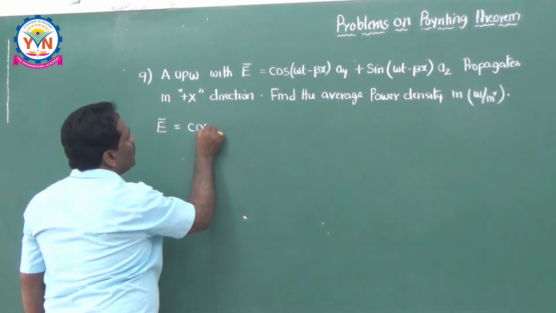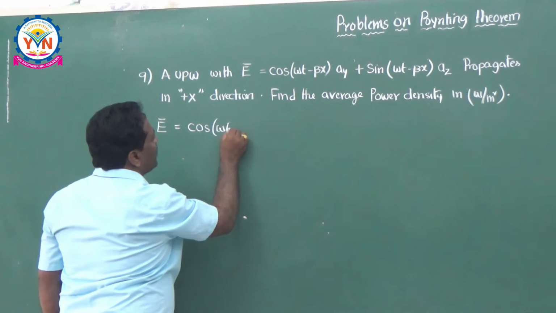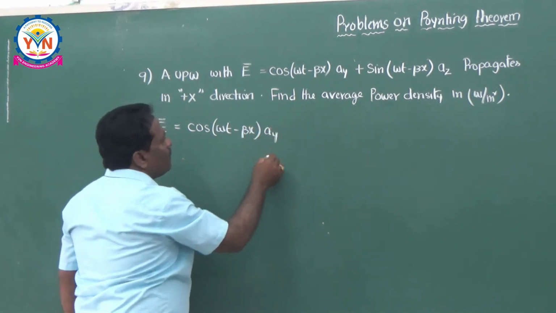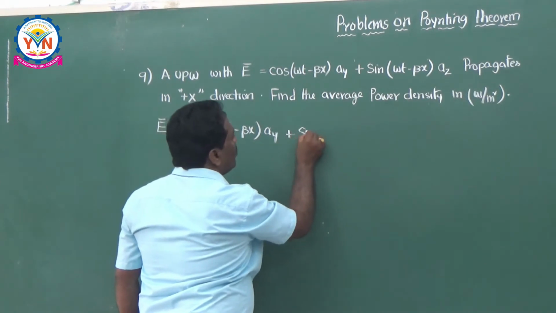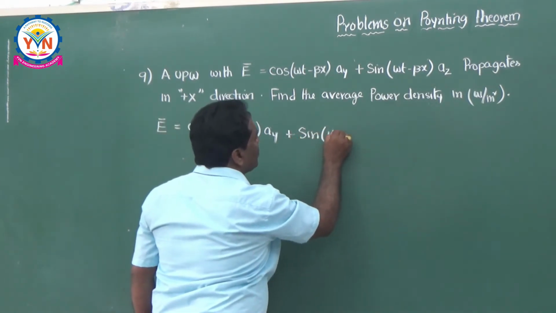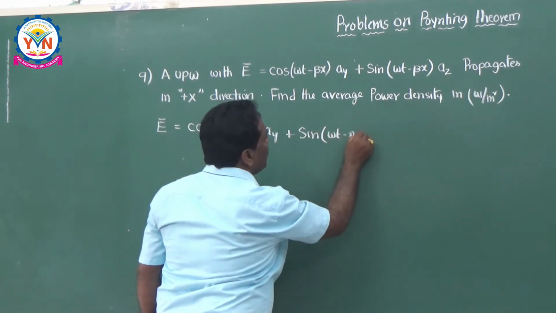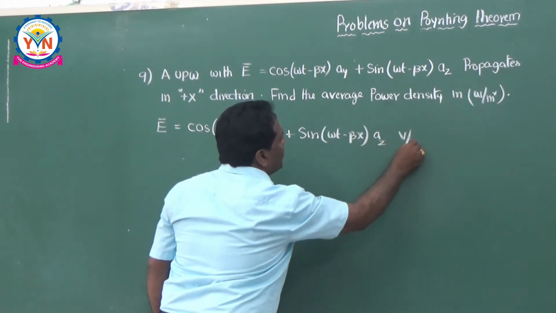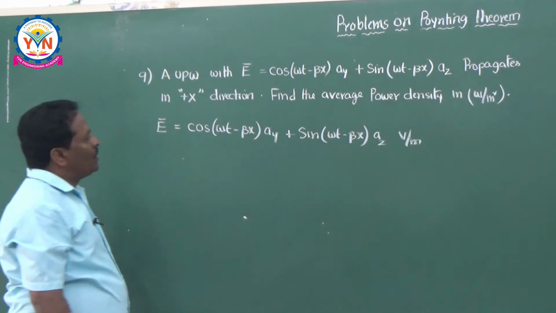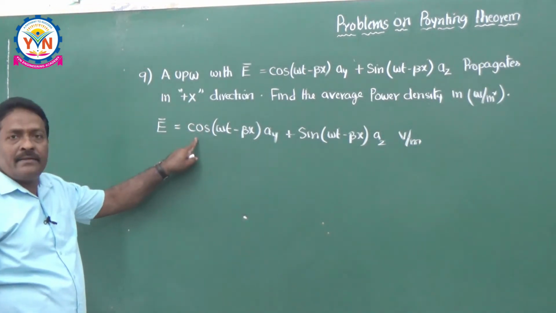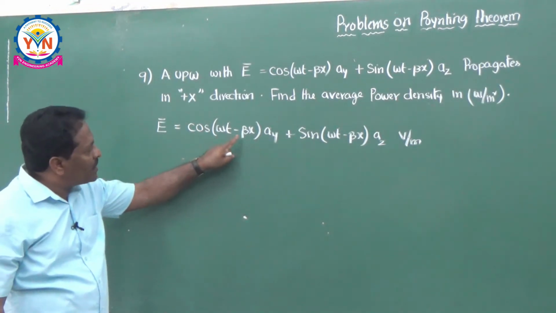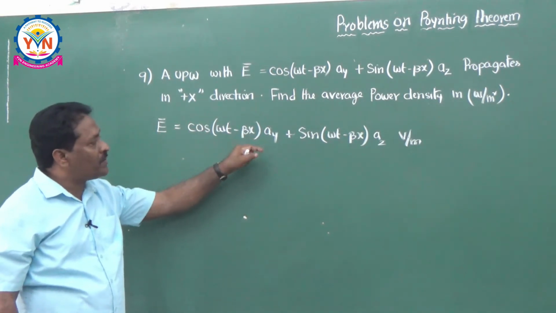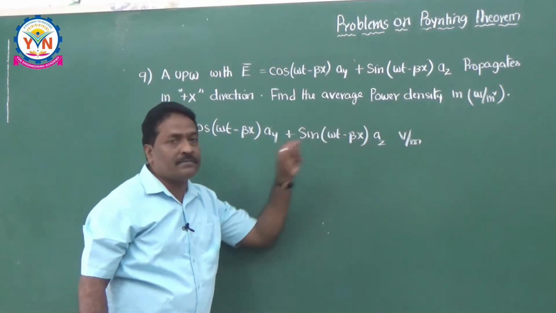This is the electric field he has given. It is clearly indicating the wave is propagating in x direction. The electric field has the other two components in y direction and z direction.